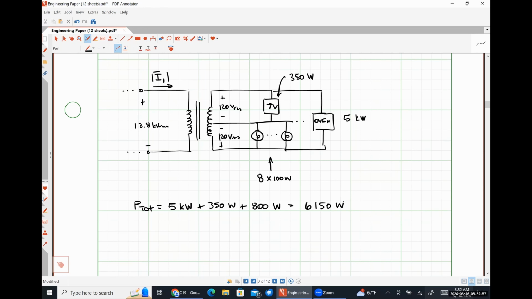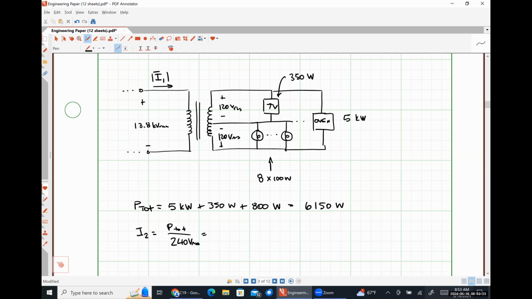Yeah, so if everything that we're talking about is a simple resistive load, and everything that I have mentioned here would be pretty much a purely resistive load, then Sam, you're absolutely correct. The current on our secondary side would simply be P total divided by 240 volts RMS.